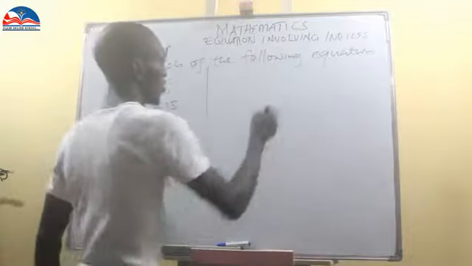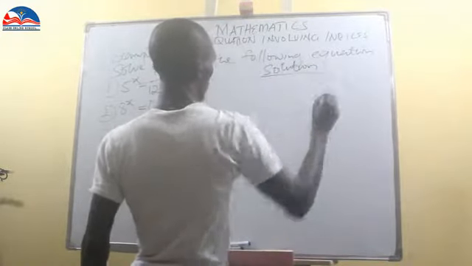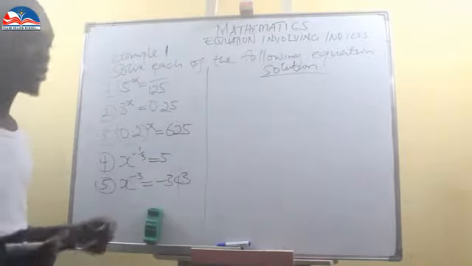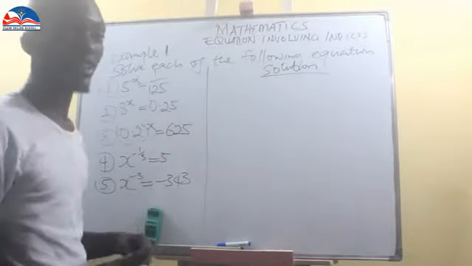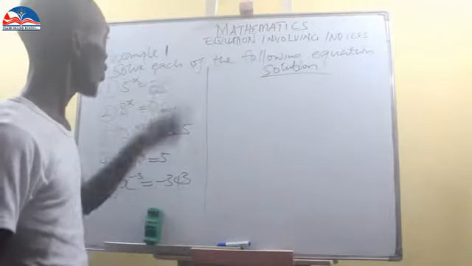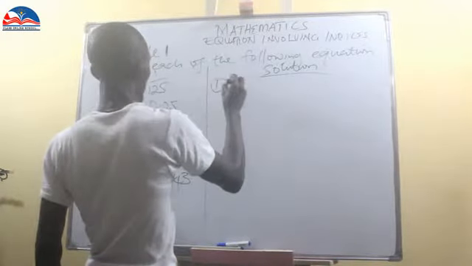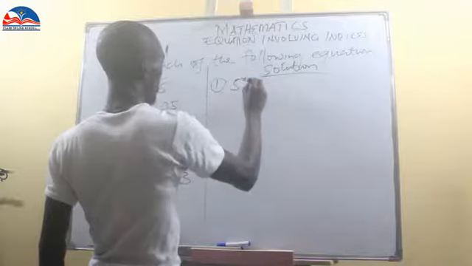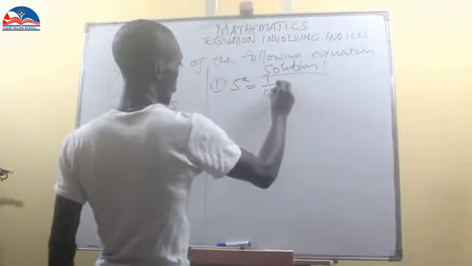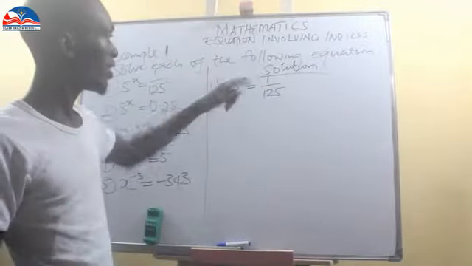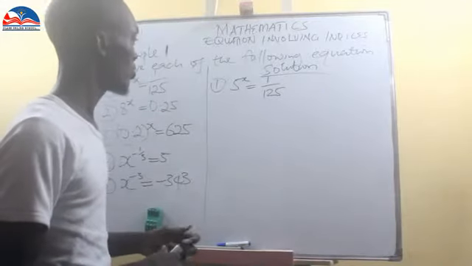So let's start with the solution. Solution 1: if we have 5 index x is equal to 1 over 125.